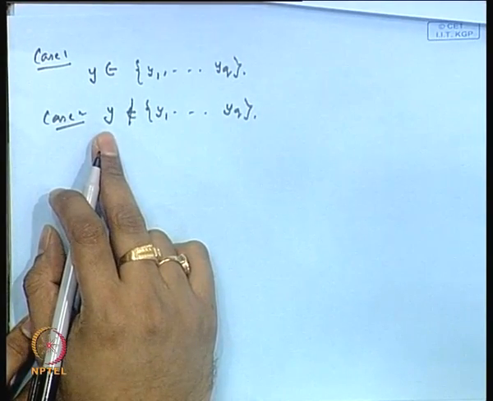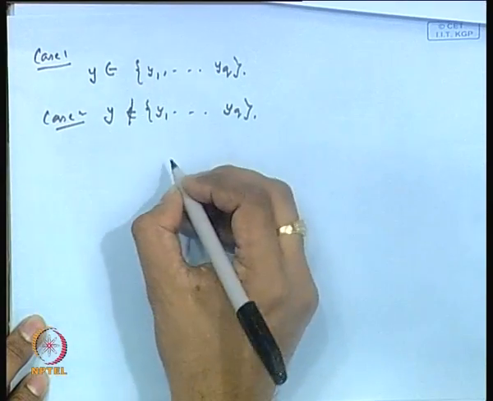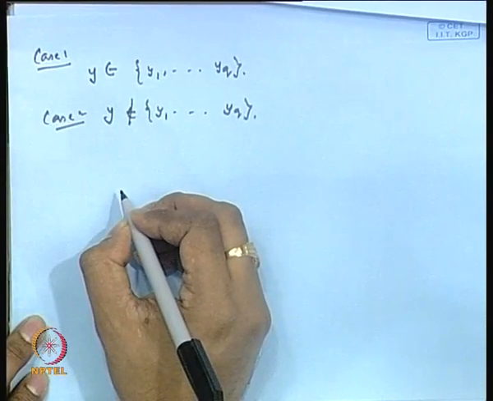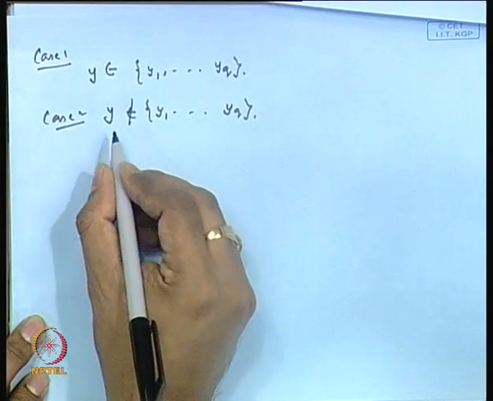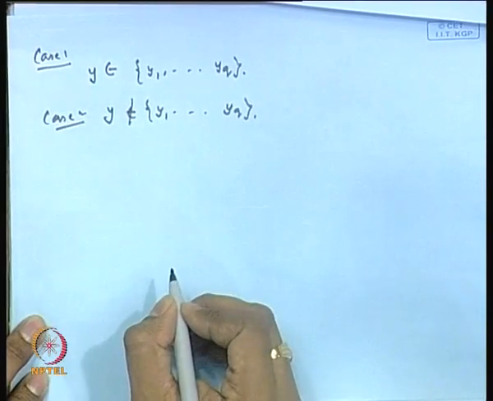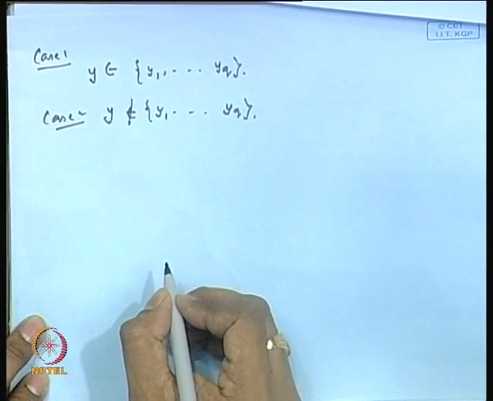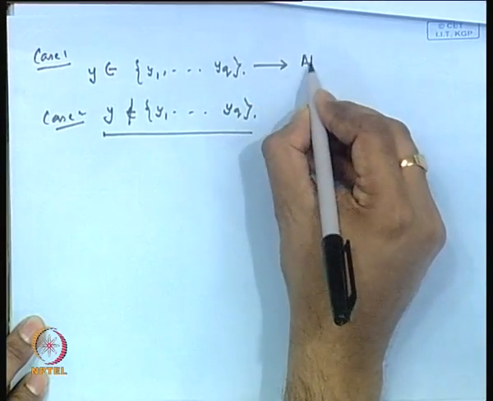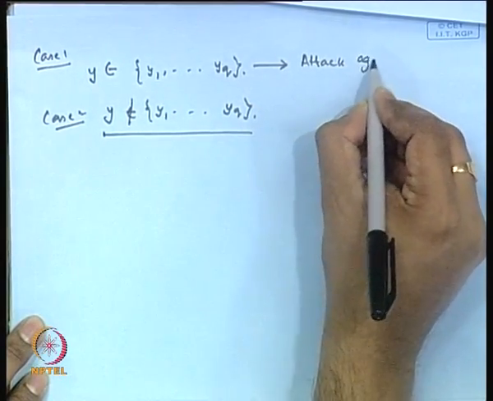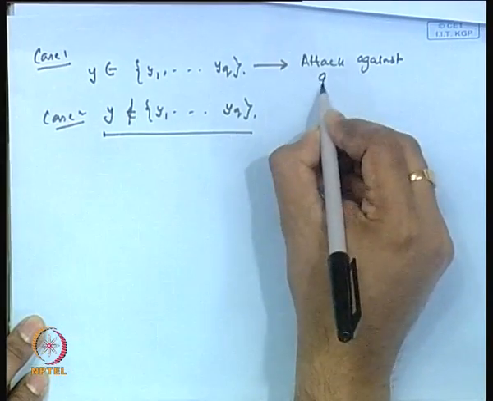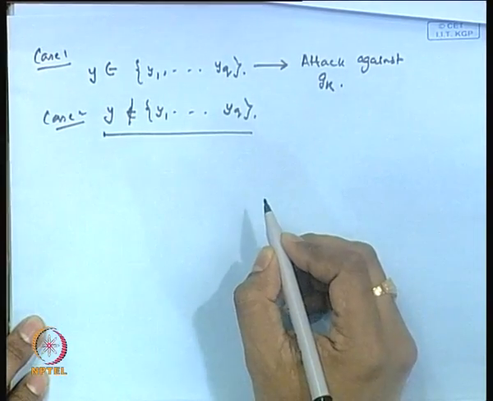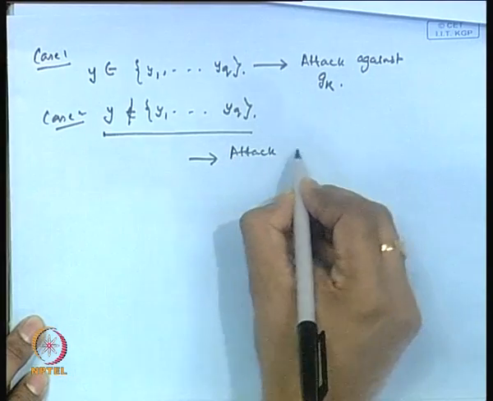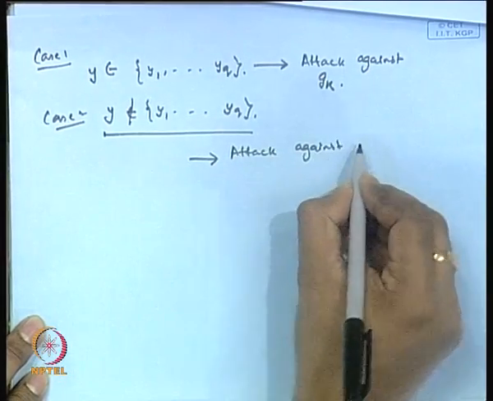But note one thing: since you know the corresponding values of z1 to zq, you know a y value and also the corresponding z value of that. So case 1 is an attack against gk, the collision resistant part, and case 2 is an attack against the little mac.